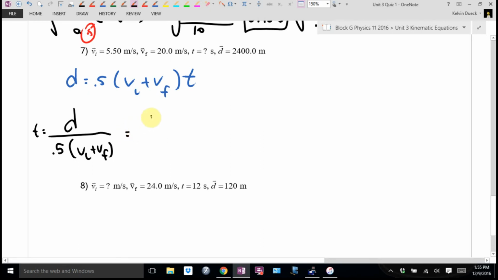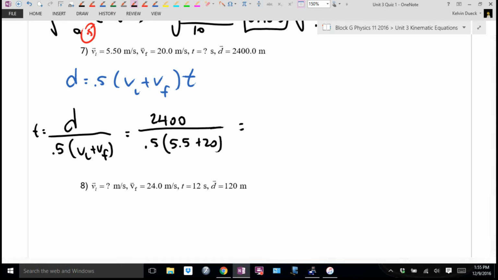D is 2400 divided by 0.5 bracket 5.5 plus 20. This is the one I saw in my last class. A lot of students had this written correctly and wrong answer. Okay, I'm going to type this carefully. Is this a fraction? Is there more than one thing on the top? I don't need brackets around the top.